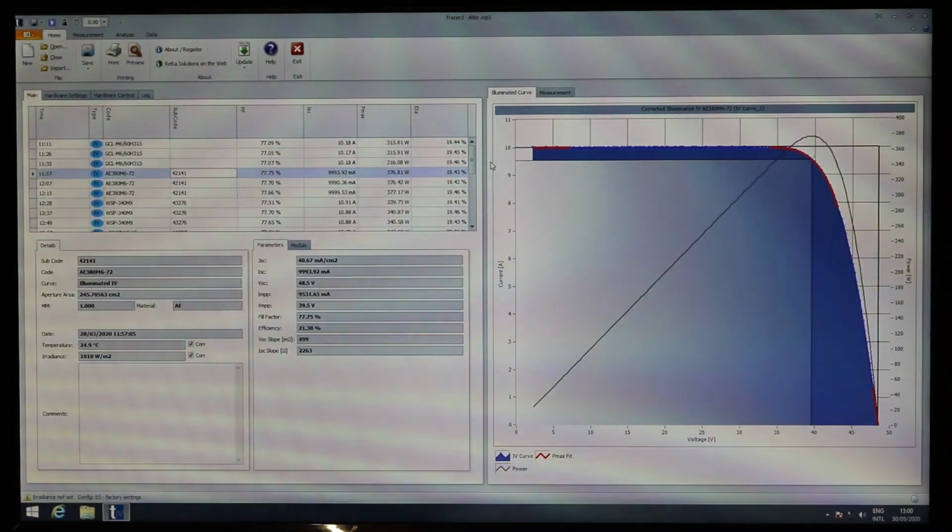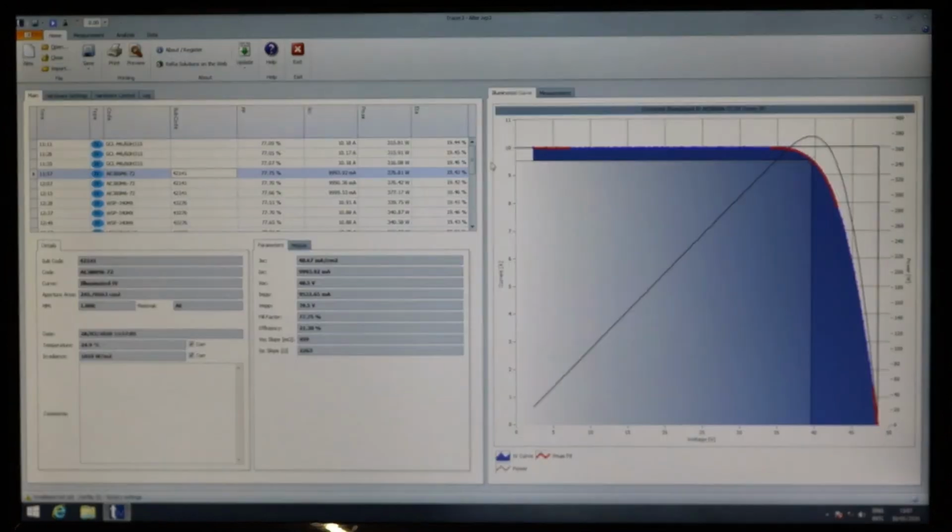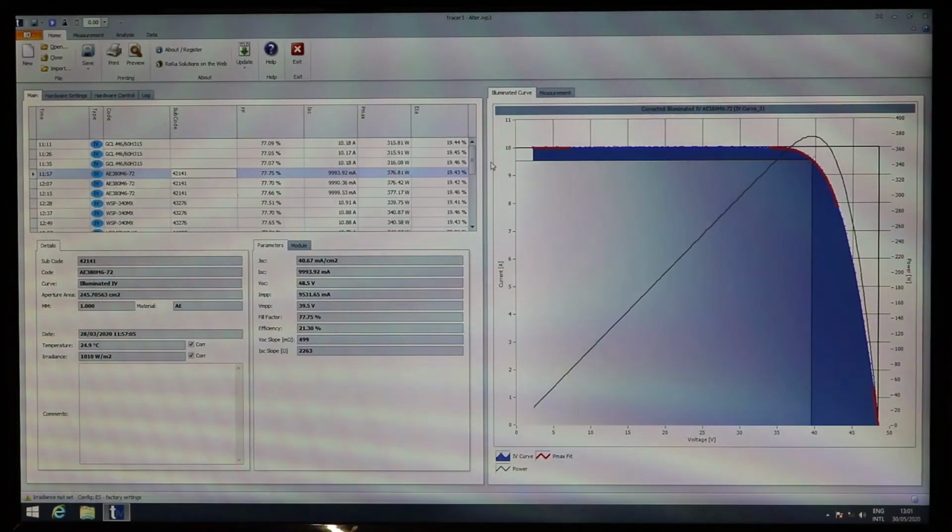As I said, the irradiance should be equal to 1000 watts per square meter. But in reality it's almost impossible to have this value because there are some small fluctuations of irradiance under the sun simulator. Also, the temperature is usually equal to 25 degrees, but not always.